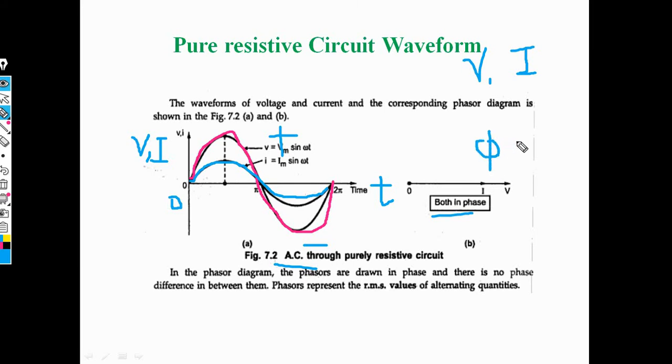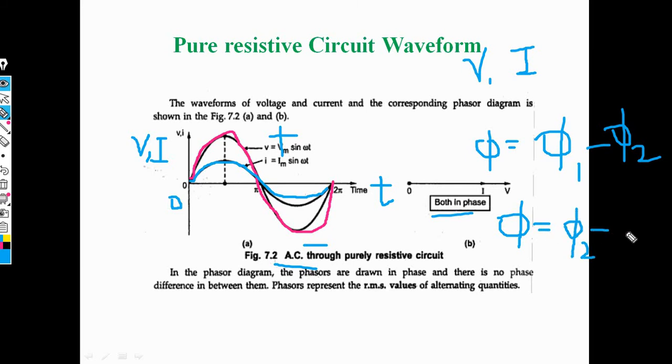The phase difference phi is equal to phi 1 minus phi 2. That means there is no phase difference between voltage and current, and this type of waveform is called a purely resistive circuit in phase.